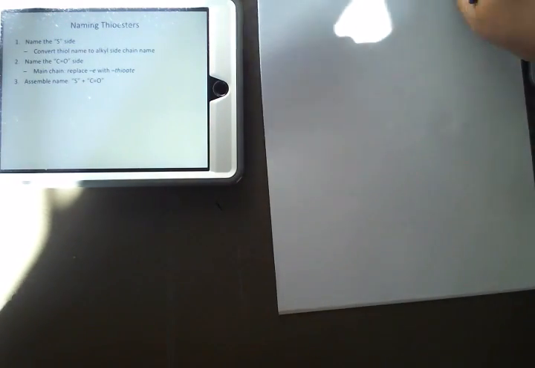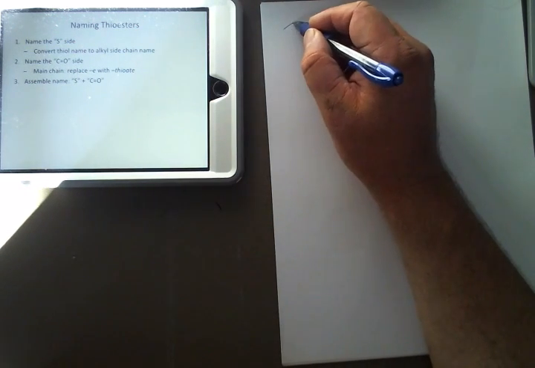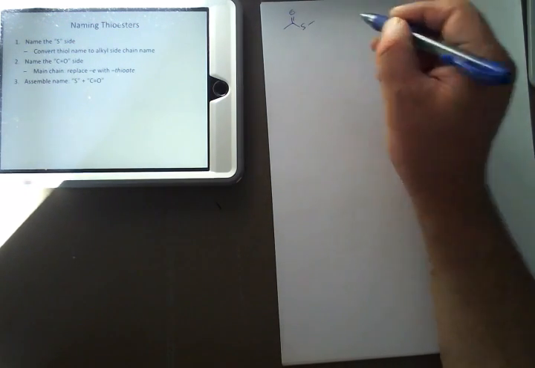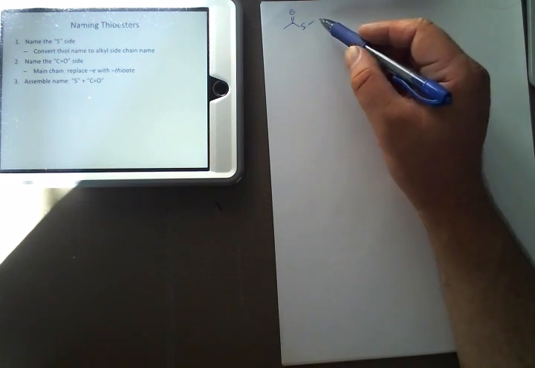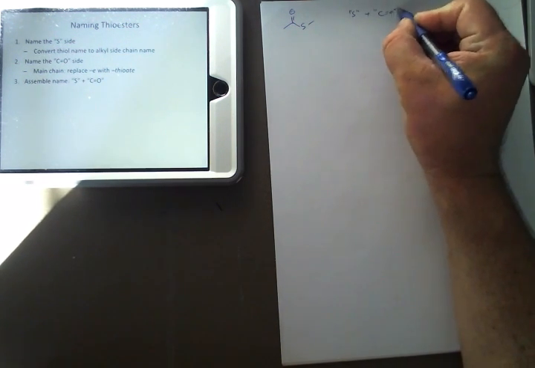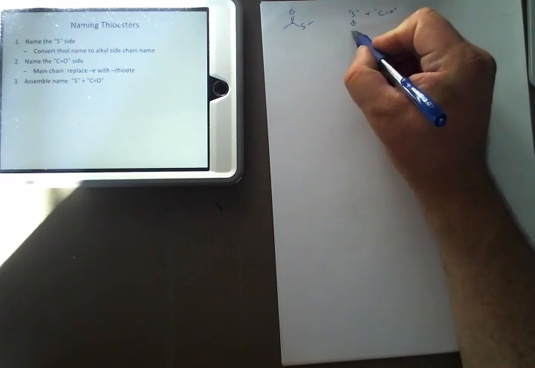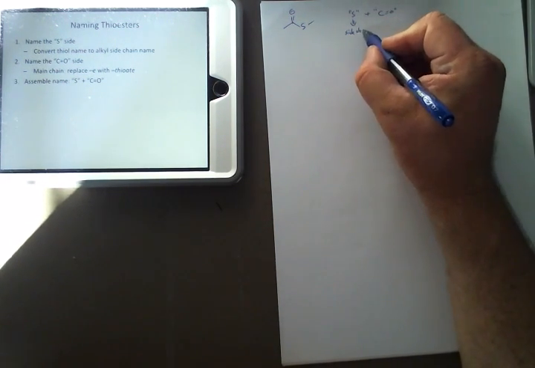Okay, so thioesters are going to be very similar in naming to regular esters, because they're just the sulfur versions. So this is a thioester. It's just the sulfur version of an ester, so we can name them the exact same way. Again, it's going to be the S plus this C double bond O. The S side is going to be named like a side chain.